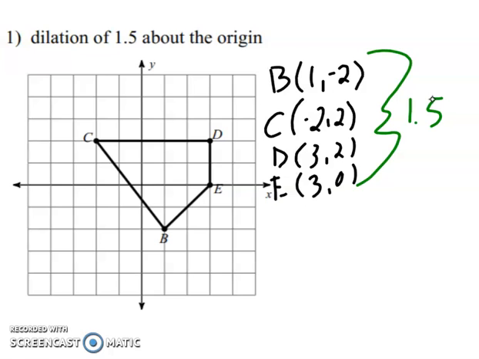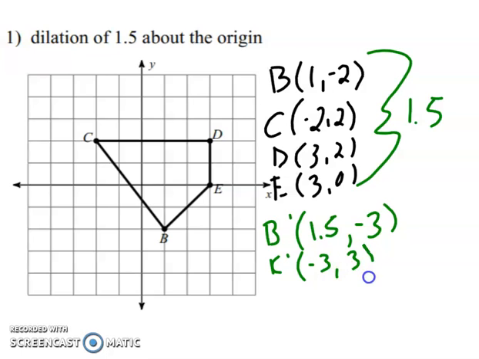So after doing so, B prime is now 1 times 1.5, which is 1.5, comma, -2 times 1.5, which is -3. C prime, -2 turns into -3, 2 turns into 3.